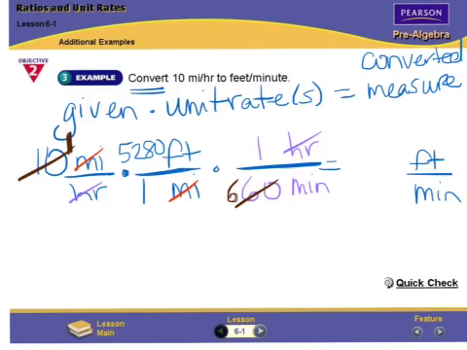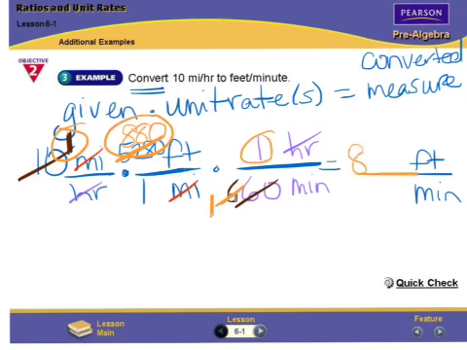What I can do is I can take 5,280 and divide that by 6. Let's see if it works. And it does. And if I were to cross-cancel with the 5,280 and 6, the 6 would become a 1, and the 5,280 would become 880. And so I'm left with a 1, 880, and a 1 on the top.